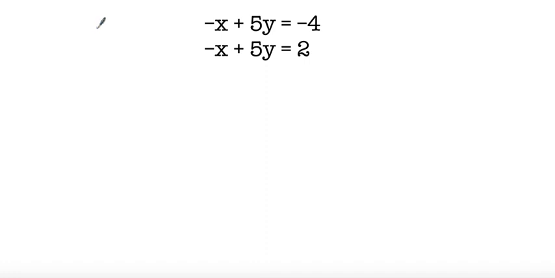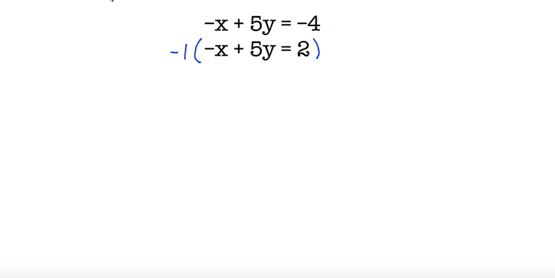Okay, so here we have another example, and we need to make sure that the coefficient either in front of x are opposites or the coefficient in front of y are opposites. So here we have negative 1 and negative 1, those are not opposites, and we have 5 and 5, and those are not opposites. So what we could do is take one of these equations, for example the second one, and multiply that by negative 1.